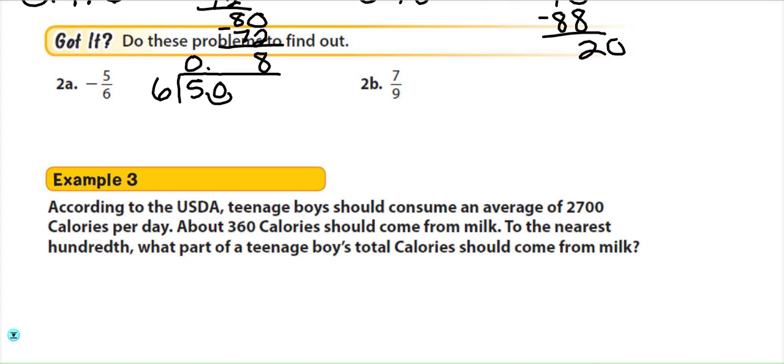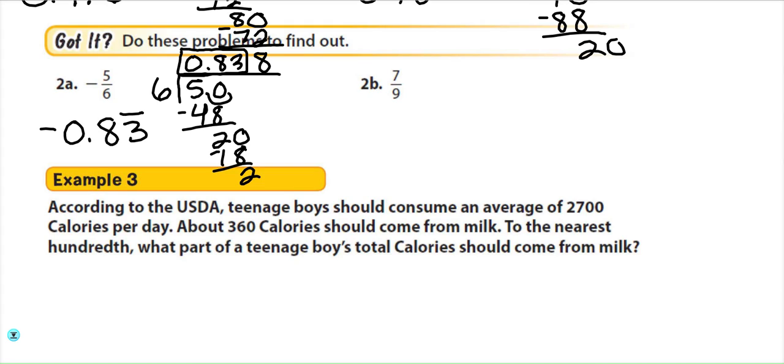That'd be 8 times, which is 48. And 2 left over, 20. So that would be 3 times, 18. Okay, we get 2 again. Okay, so then that's it. All right, so for this one, actually, let's circle it up here so we don't get those confused over there. So it'll be negative 0.8, and then just the 3 is going to be repeating.